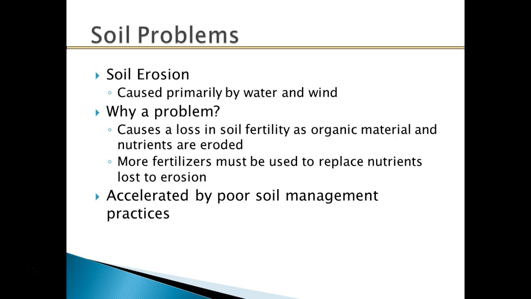When we leach out nutrients, then the soil loses its fertility and nothing can grow. So we worry about that within the ecosystem because that's a base of our ecosystem. We worry about that with farming because this is where our food comes from.